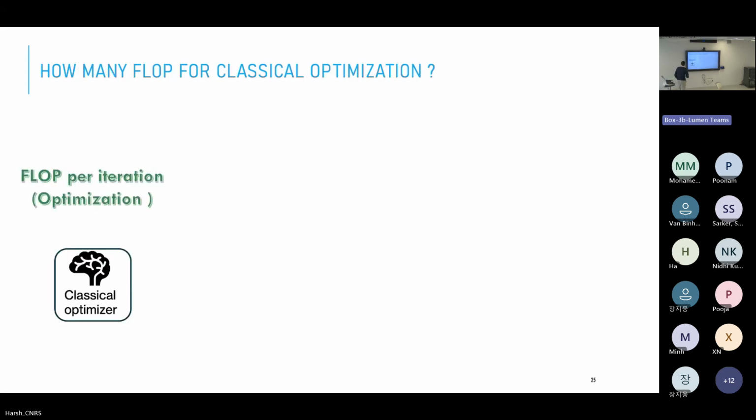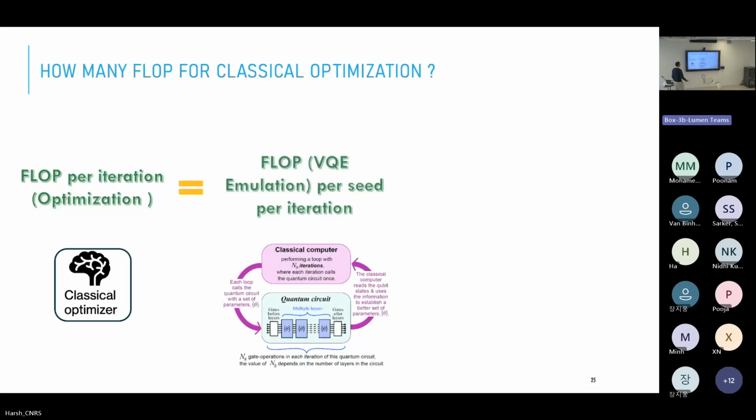There is a performance metric used in classical computing, and the resource count for which is FLOP, that is floating point operations. So the question that I ask here is, how many flops are required for performing the optimization? That result we could get from doing the full VQE emulation.